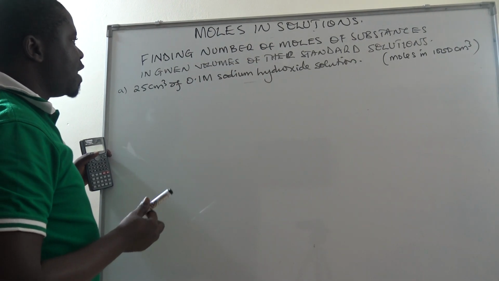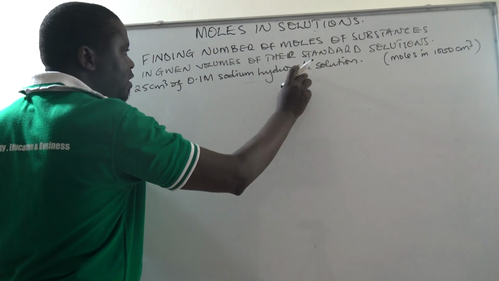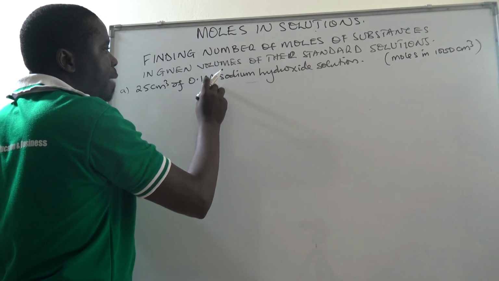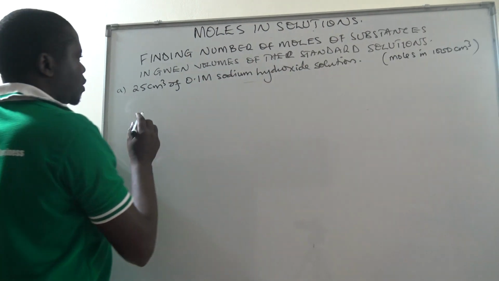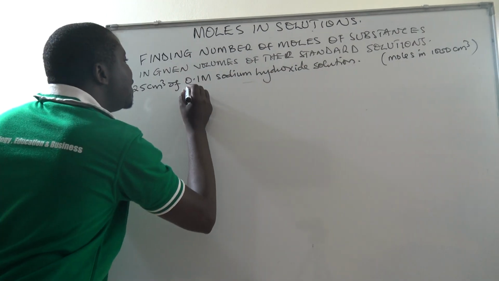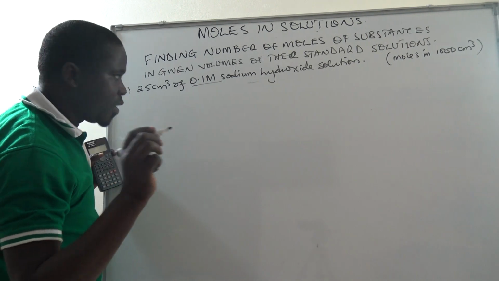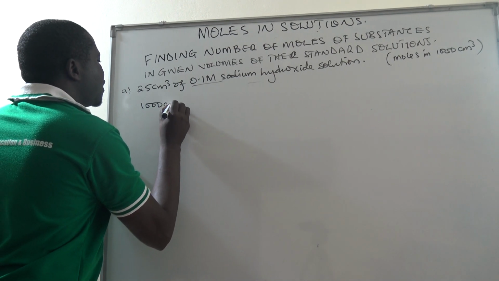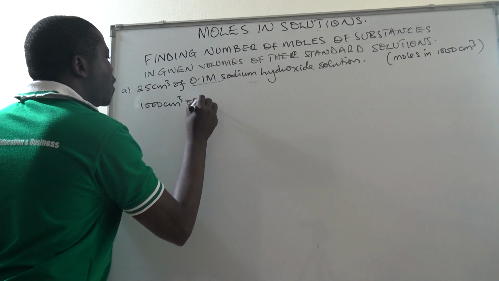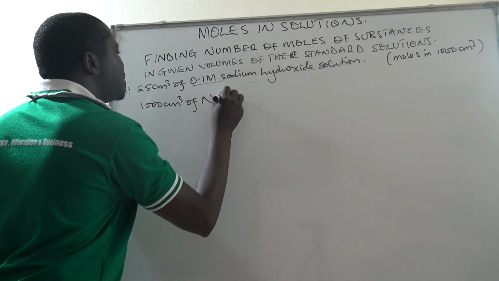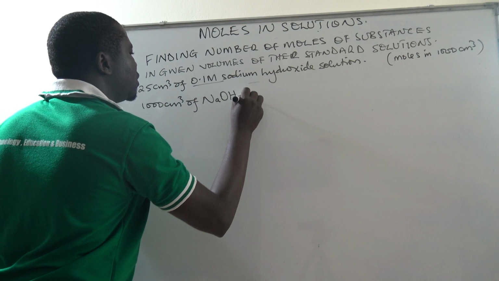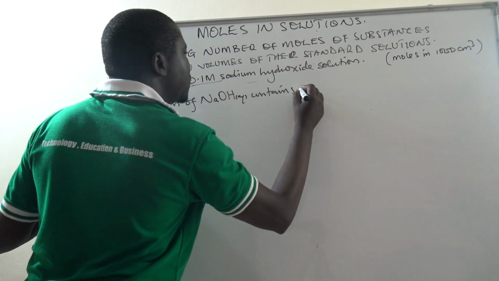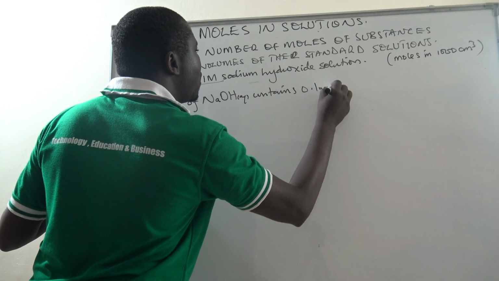So let us try to see how to get the number of moles of sodium hydroxide in the 25 cubic centimeters of 0.1 capital M sodium hydroxide solution. So we are starting from here. This is our starting point. We shall say 1,000 cubic centimeters of the sodium hydroxide solution contains 0.1 mole.